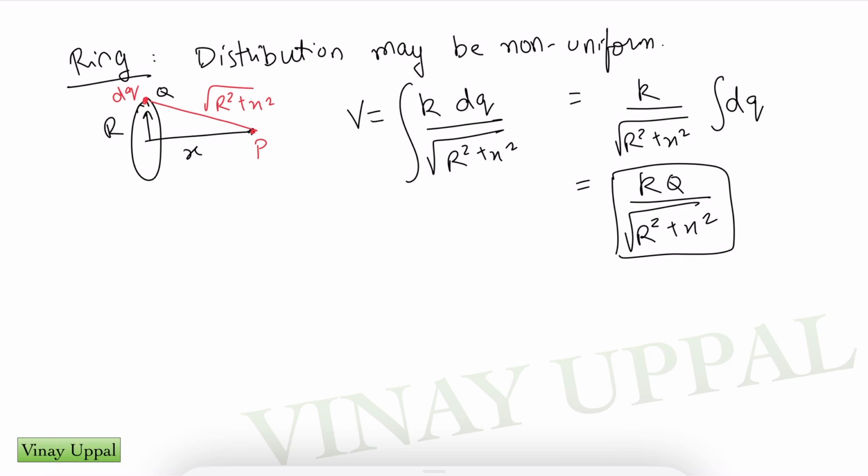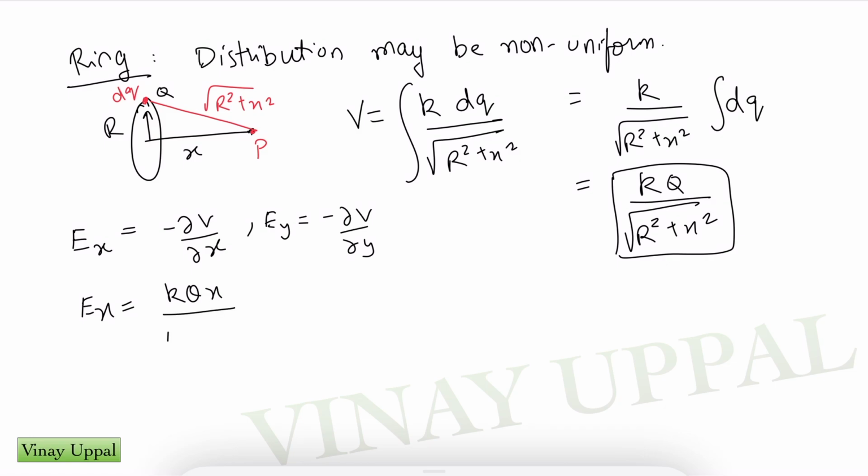The relation between electric field and potential is that you can write the x component of electric field as minus del V by del x. This is the same relation as force and potential energy. Y component as minus del V by del y, and similarly for the z component. So here, if I were to just differentiate this potential of the ring, I will get kqx divided by r square plus x square raised to 3 by 2.